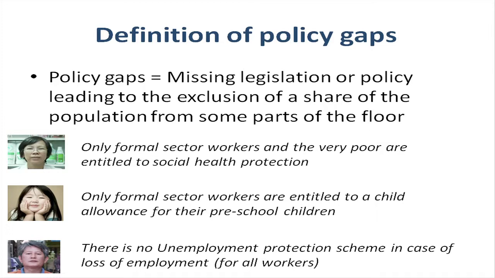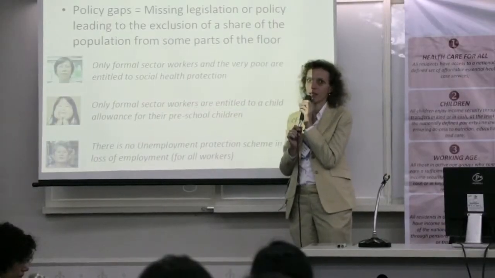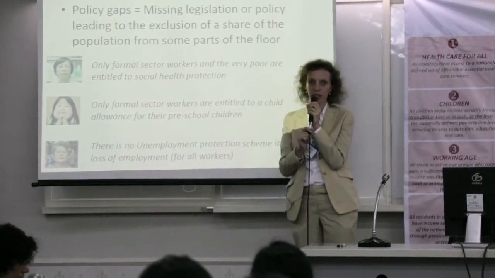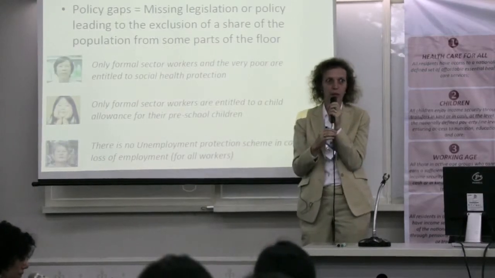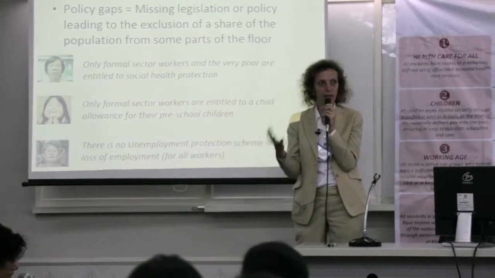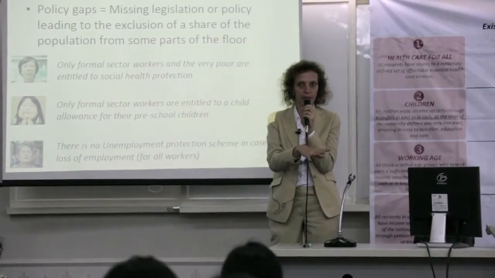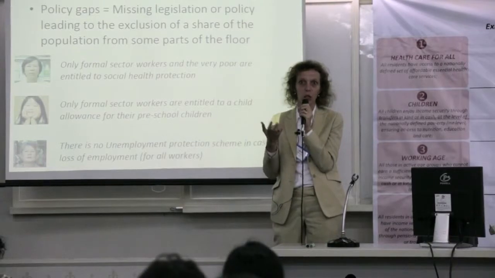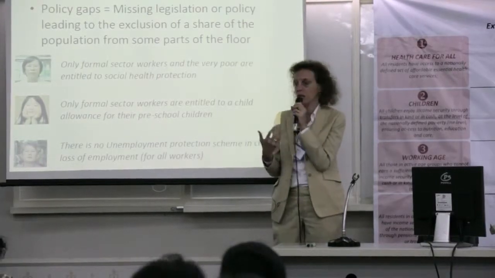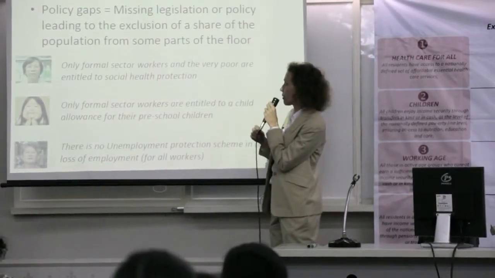I think we can say it was the case until now in Indonesia, though things are moving now. You had schemes for the formal sector, you had schemes for the very poor, but you didn't have really a clear law or policy or scheme for the rest of the informal sector.